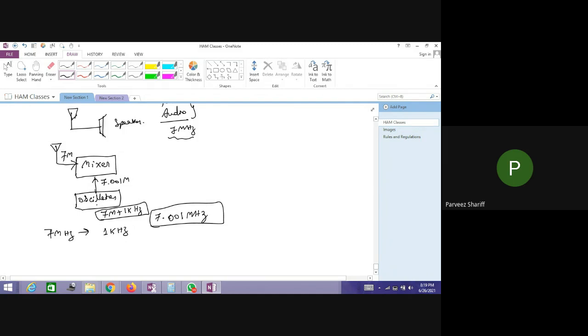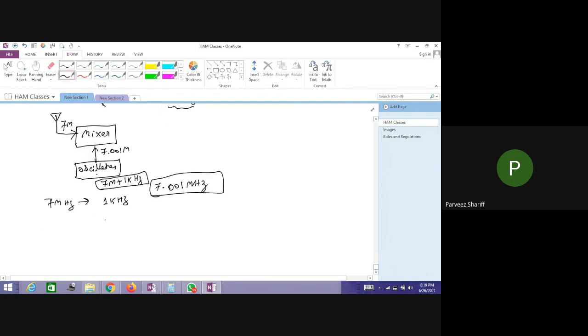So there are two possibilities. 7 megahertz plus 7.001 megahertz, we will get 14.001 megahertz as the output. And the second possibility is 7 megahertz minus 7.001 megahertz, we will get 1 kilohertz.